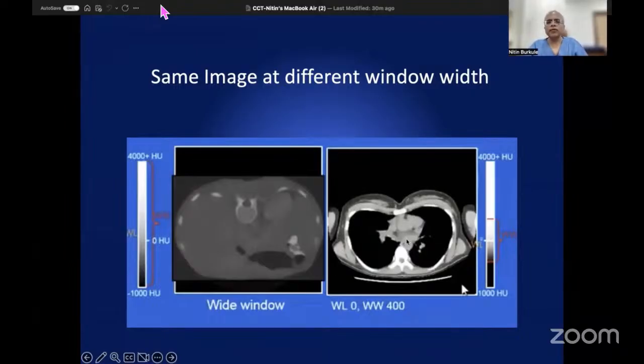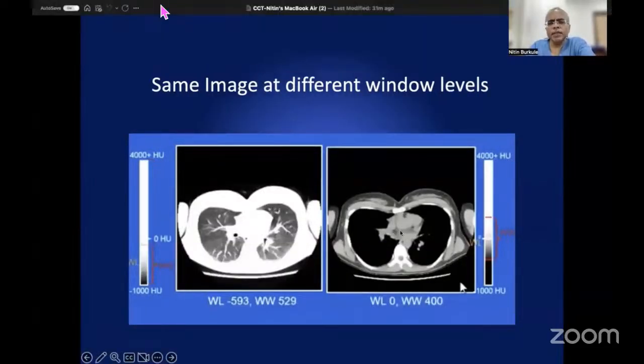As we said, fat is going to have lower Hounsfield units than water, so it looks blackish. It will have the grayscales going towards black. So always remember the fat in a CT image will be going towards the blackish shades.